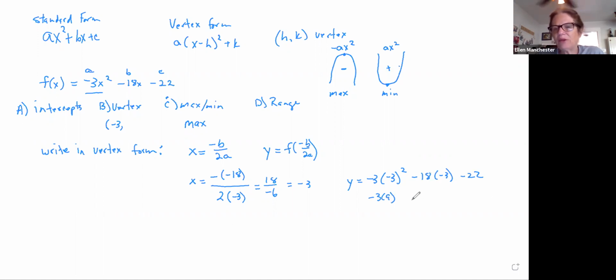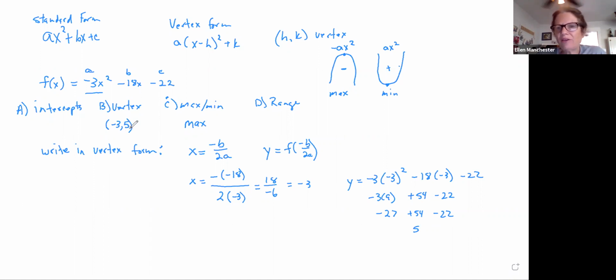Negative 18 times negative 3 is a positive 54. So I have negative 27 plus 54 minus 22. Negative 27 plus 54 is positive 27, minus 22 is a positive 5. So the y value of my vertex is 5.